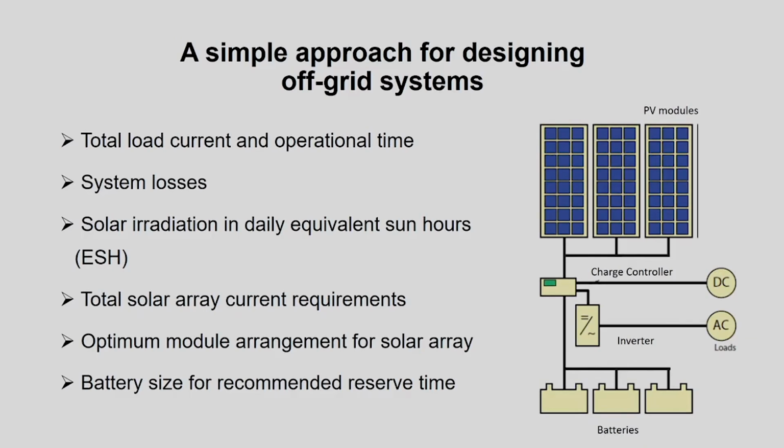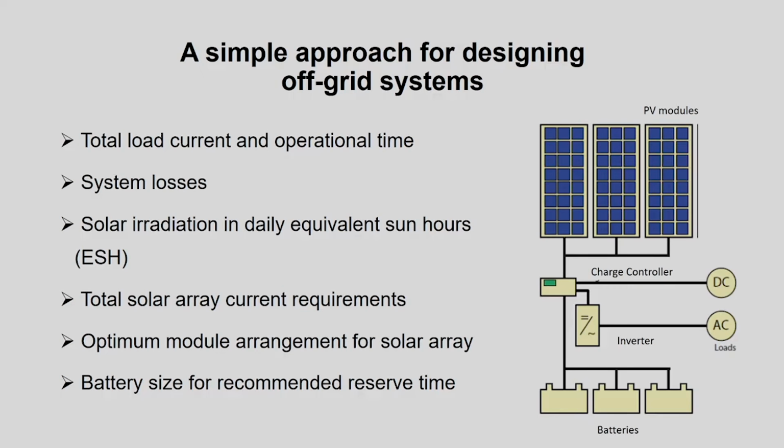Now, let us see the simple approach for designing an off-grid or standalone system. It includes the determination of total load current and operational time. Then determination of system losses. Then we need to determine solar irradiation in daily equivalent sun hours, also known as ESH.